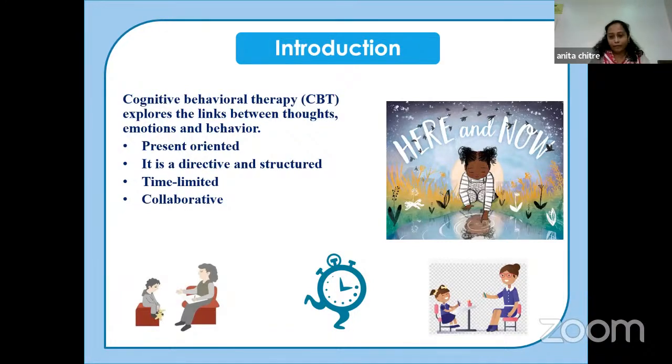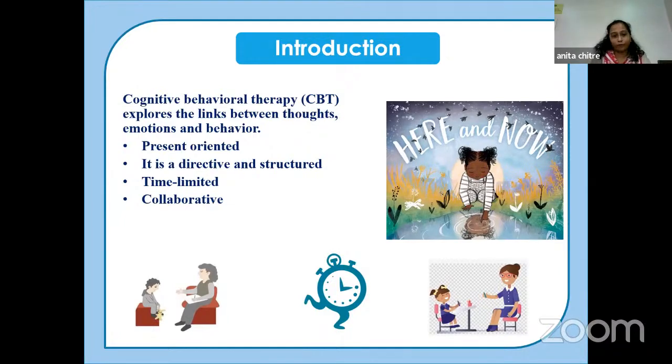It's time limited. So you cannot go on with the years after years for therapy. There are times when CBT is used for brief sessions, CBT is used for longer sessions, but ultimately the number of sessions are fixed, and you can definitely have goals for your therapy plan.